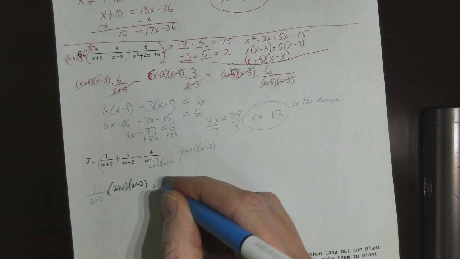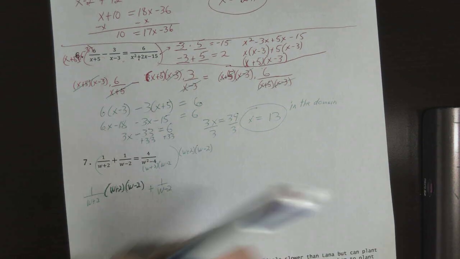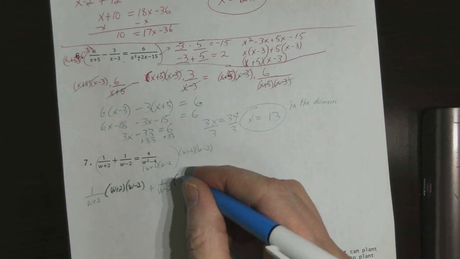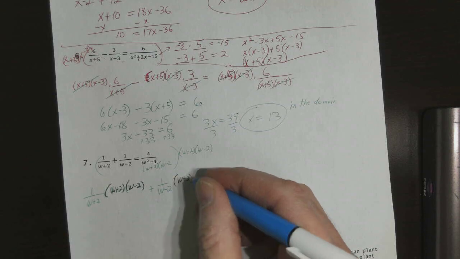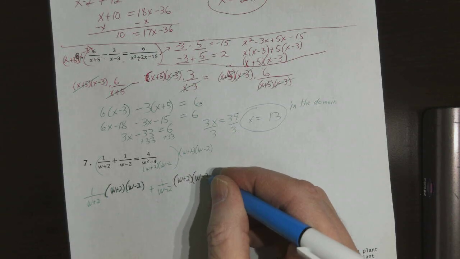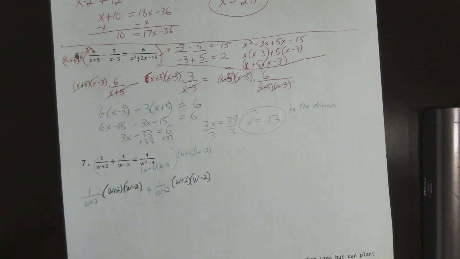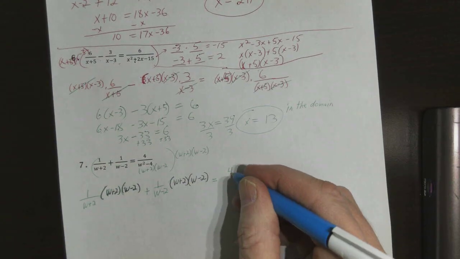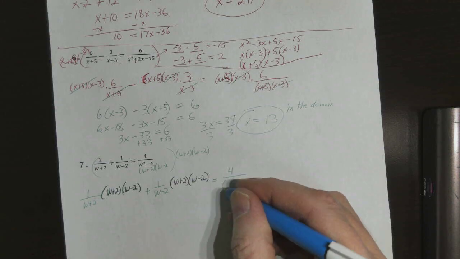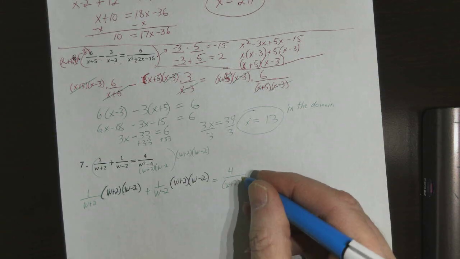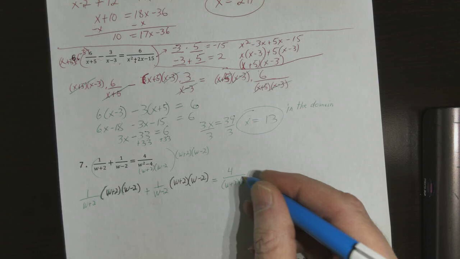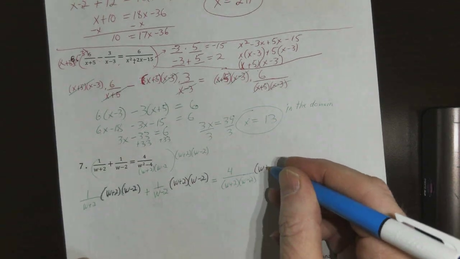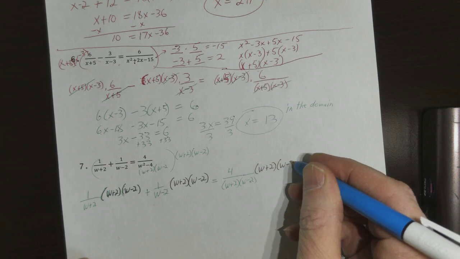Plus 1 over w minus 2. I'm going to multiply that by w plus 2 times w minus 2. That equals 4 over, I'm going to use the factored form, w plus 2 times w minus 2. And multiply that by w plus 2 times w minus 2.